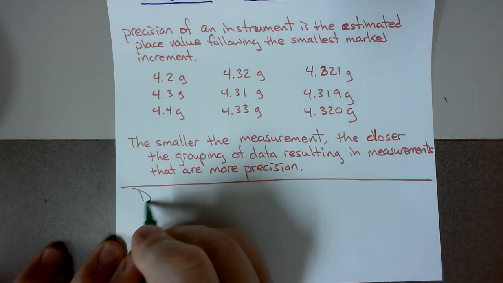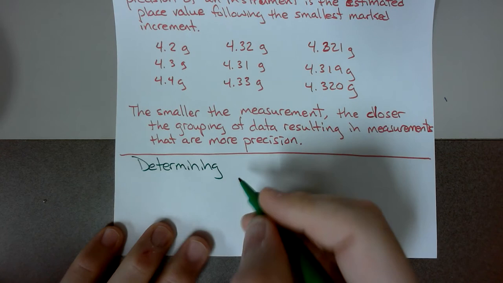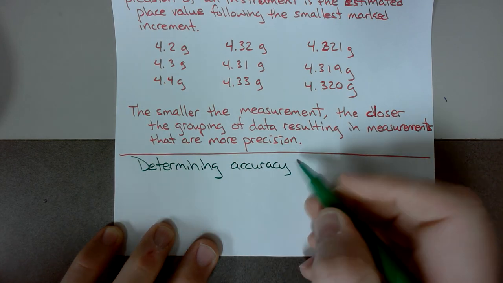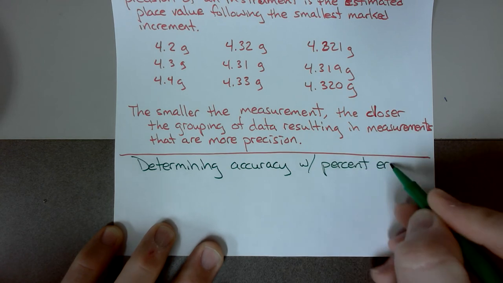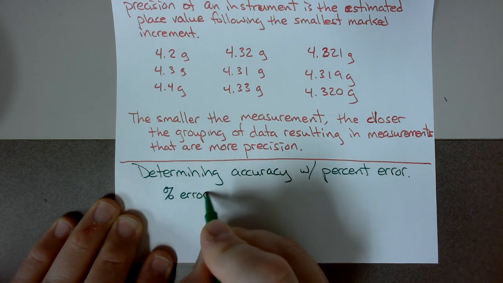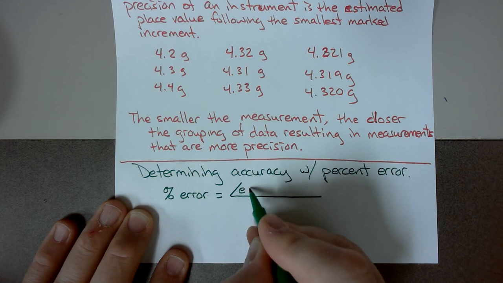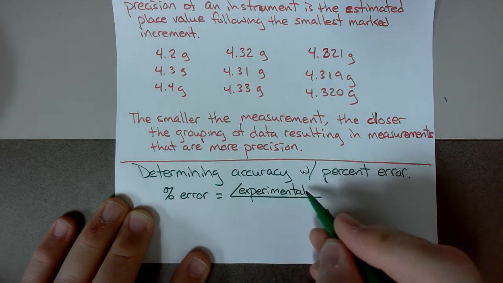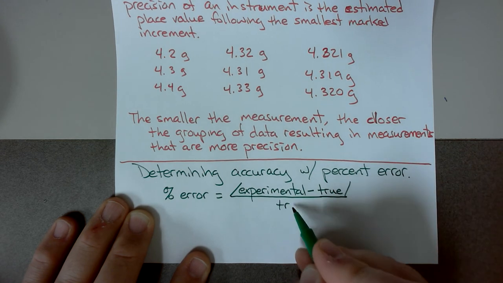Determining accuracy with percent error: percent error is equal to the absolute value of the experimental value or experimental measurement minus the true value, divided by the true value.